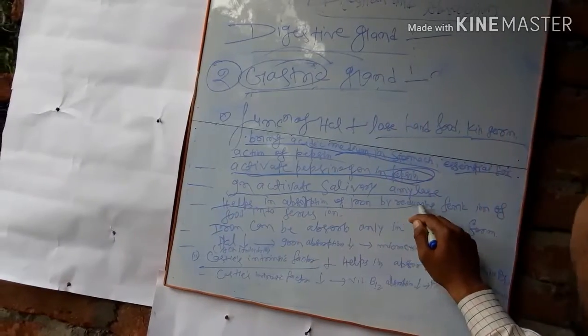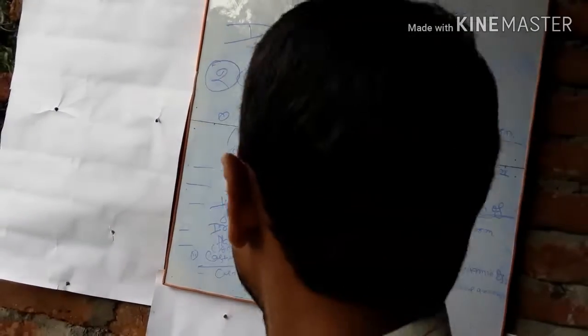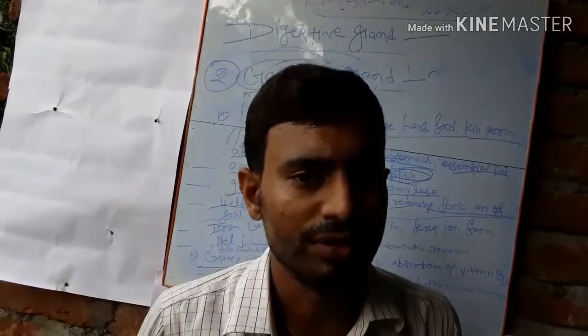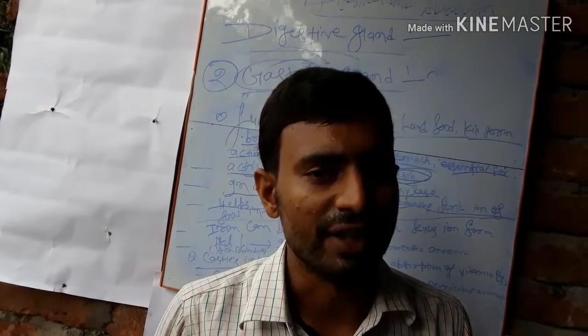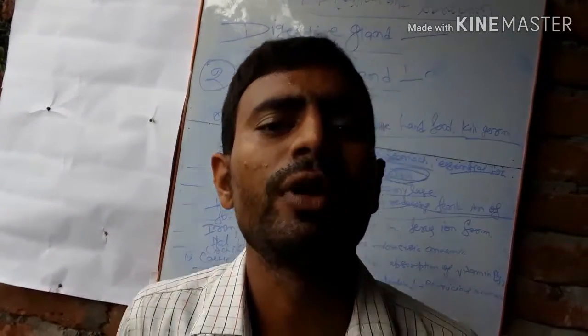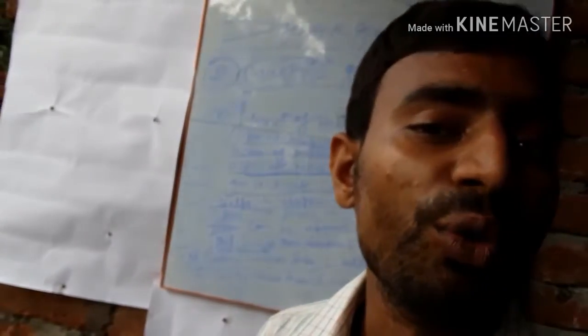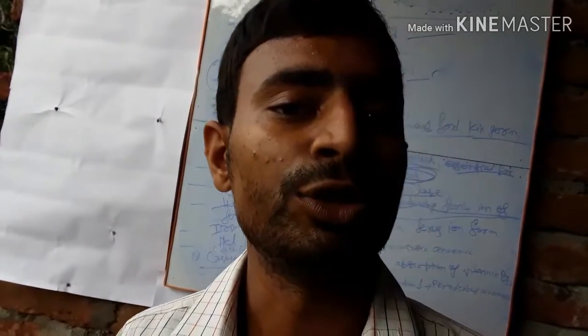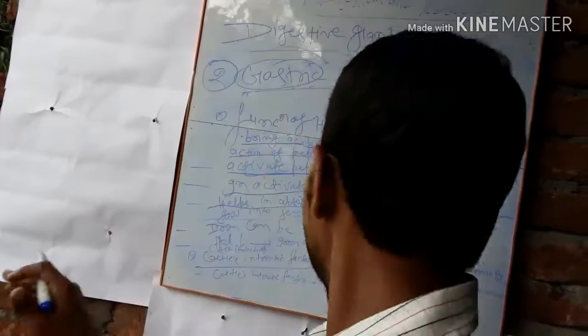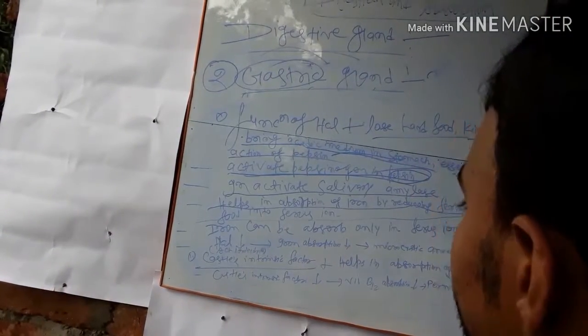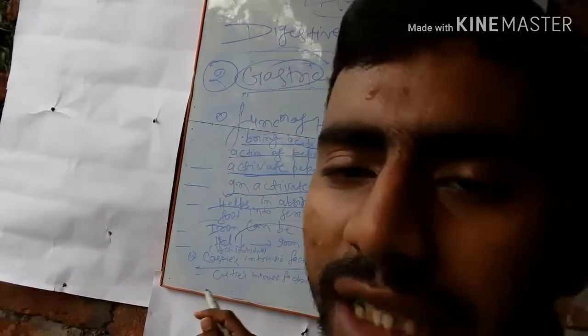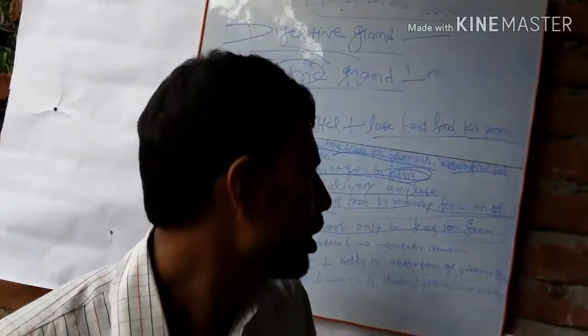HCl helps in absorption of iron by reducing ferric ion into ferrous ion. You know well that iron can be absorbed only in the ferrous ion form.